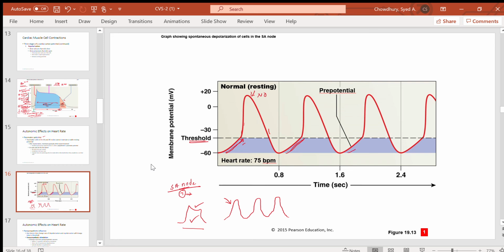Each action potential is one heartbeat, right? So the SA node produces 70 to 80 action potentials per minute in normal resting condition. Average is 75 beats per minute, right? And this part is called the pacemaker potential.